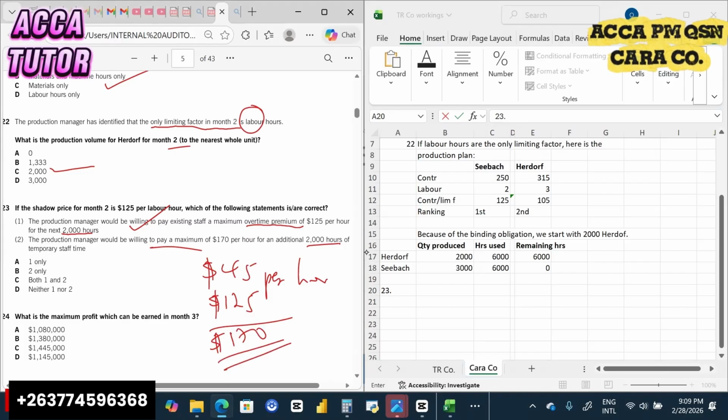If we hire temporary staff, we are adding the labor resource, so in total we should be willing to pay $170 per hour for an additional 2,000 hours of temporary staff time. So this statement again is correct. Both 1 and 2 are correct. Is that clear, madam?